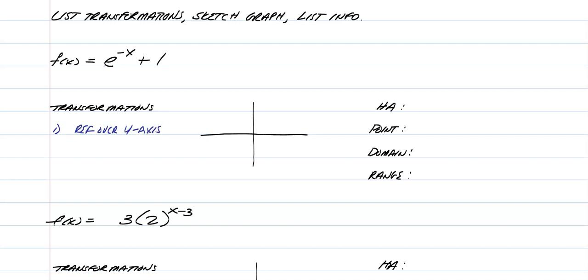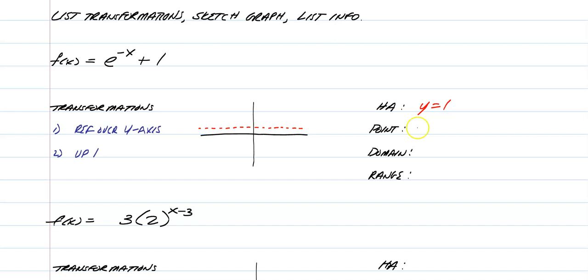And your second transformation is up 1. So what that is going to do is it will shift your horizontal asymptote up 1, so it's going to be y is equal to 1 now.